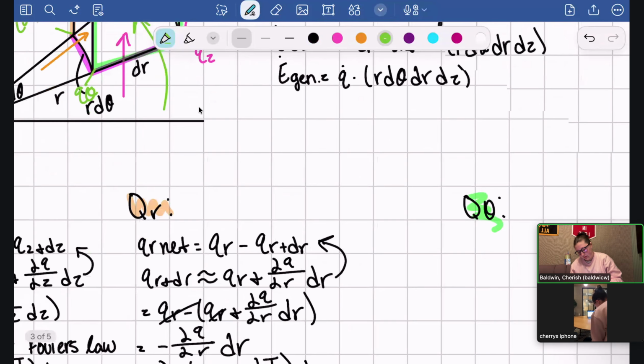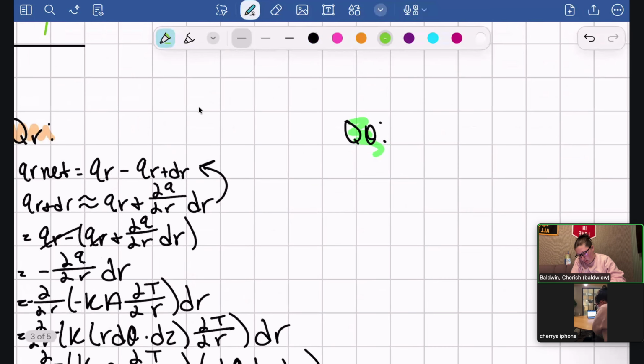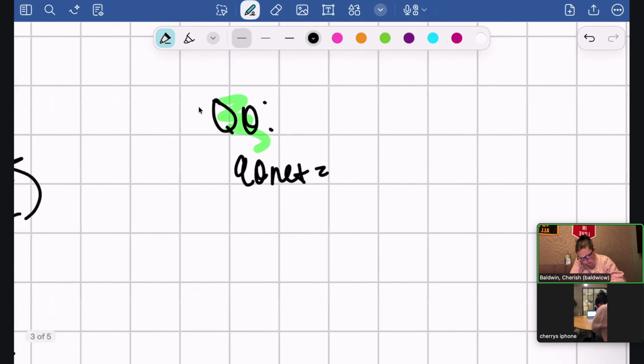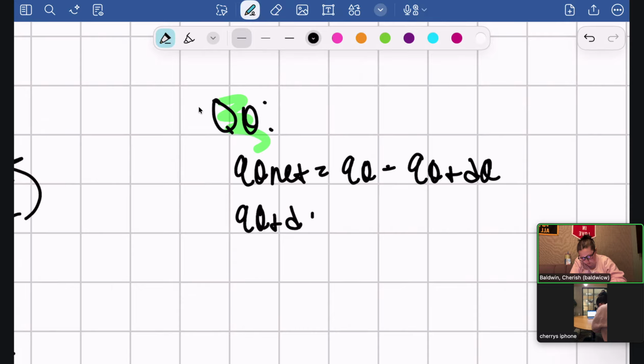Alright, so like before, Q theta net is equal to Q theta minus Q theta plus d theta, and Q theta plus d theta is equal to Q theta plus the partial derivative over theta times d theta.